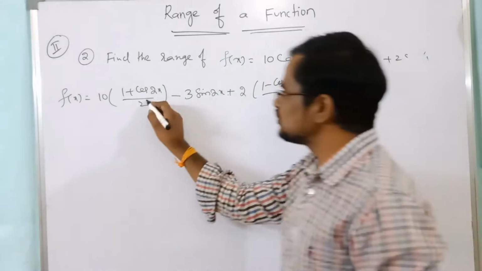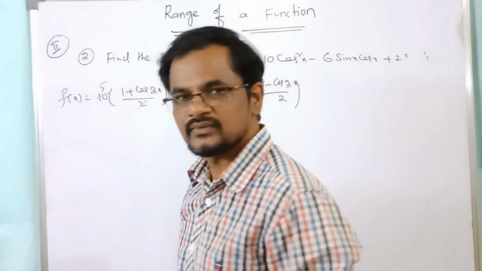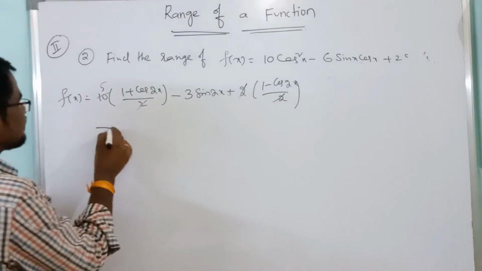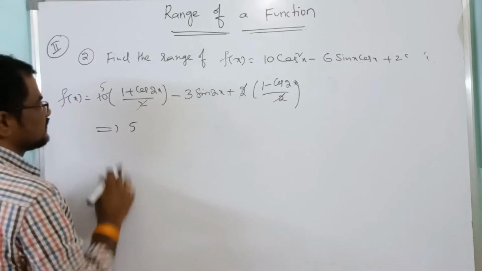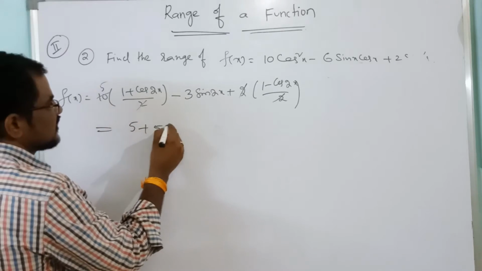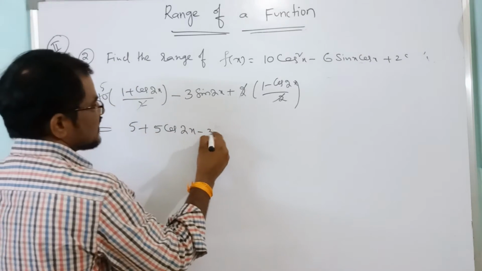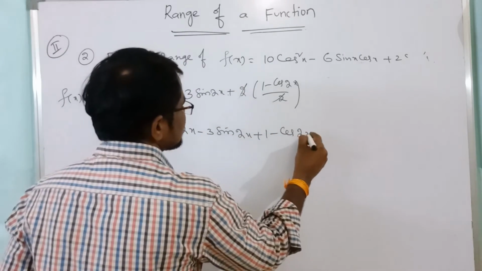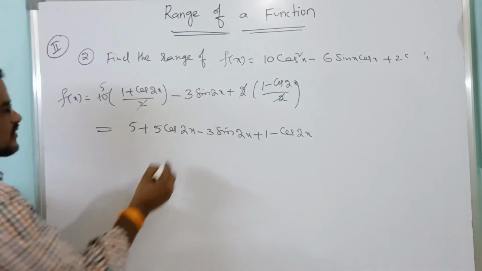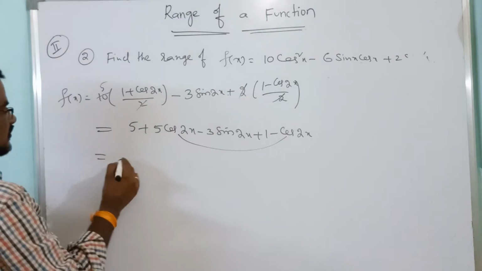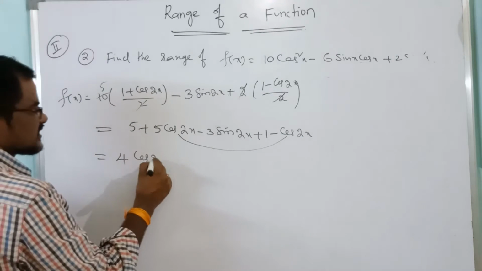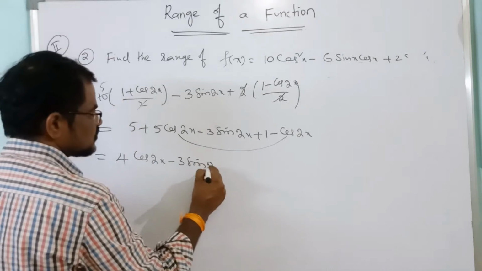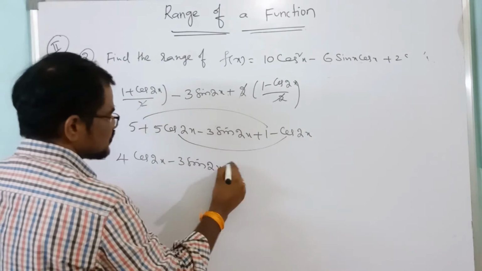Here the 2 and the 2 get cancelled, and the 5 times: 5 plus 5 cos 2x minus 3 sin 2x plus 1 minus cos 2x. So from these, 4 cos 2x minus 3 sin 2x, and from these plus 6.